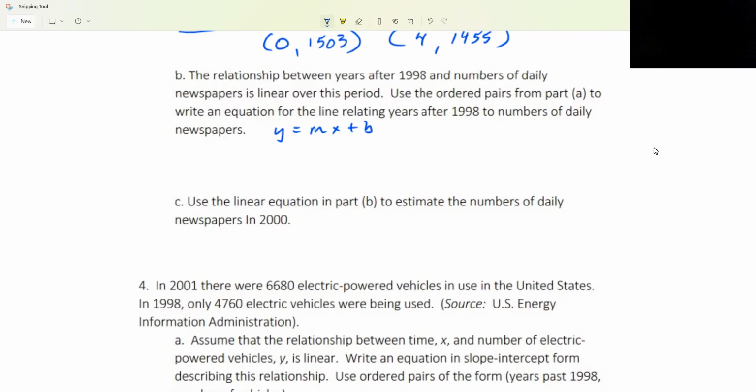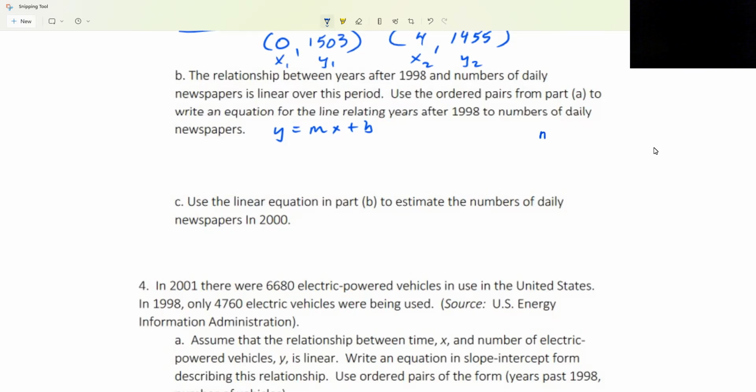Remember from the previous videos, I told you that if you can find m and you can find b, then you can find the equation, and there's nothing you can really be asked that you can't answer. Since I have two ordered pairs, I'm going to find the slope first. This is x1, y1, this is x2, y2, and then you plug them in.